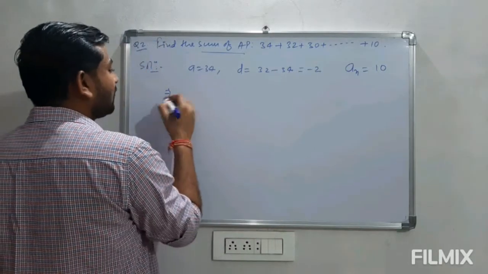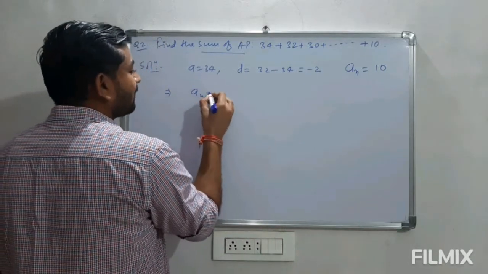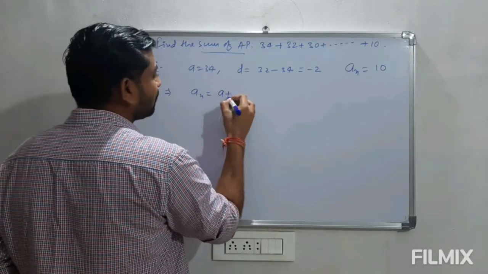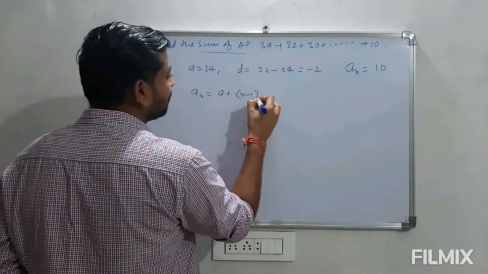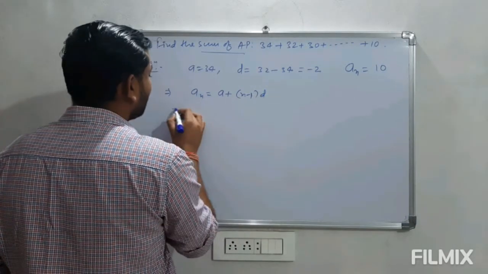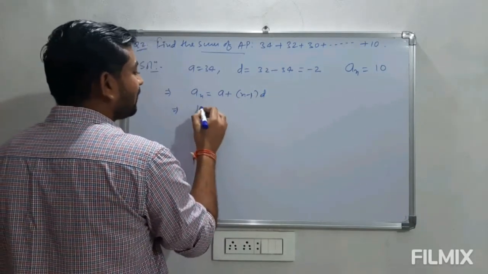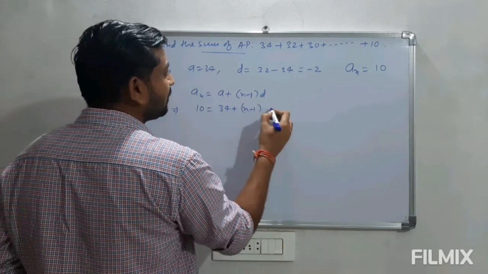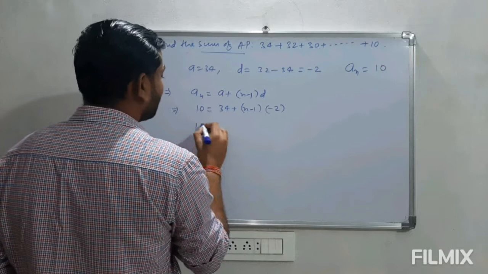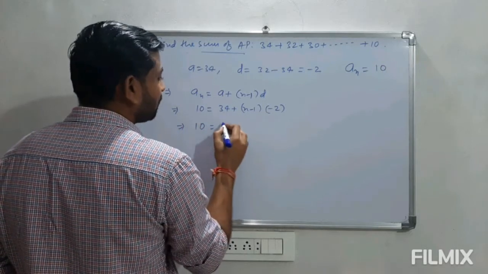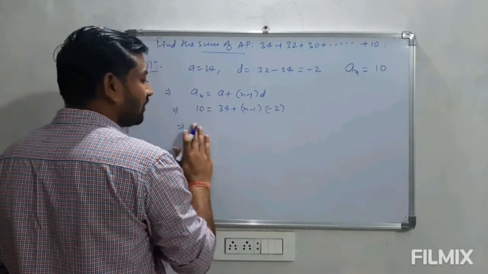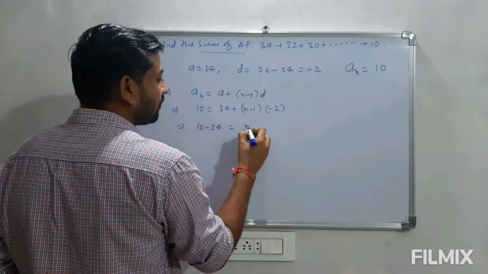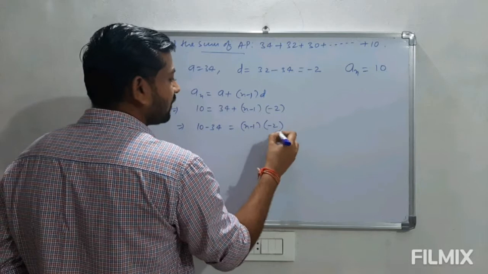So first of all we have to solve for n, that is, we will be using the nth term relation, that is an is equal to a plus (n minus 1) into d, and for this let us substitute the values. An is 10, a is 34, plus (n minus 1) into d, which is minus 2. So 10 minus 34 is equal to (n minus 1) into minus 2.